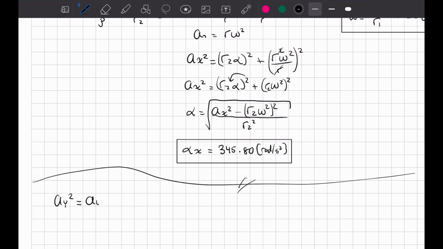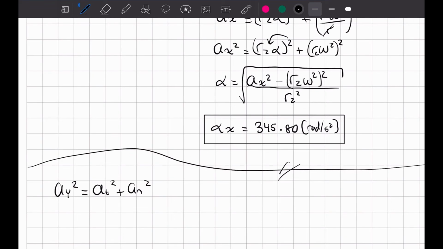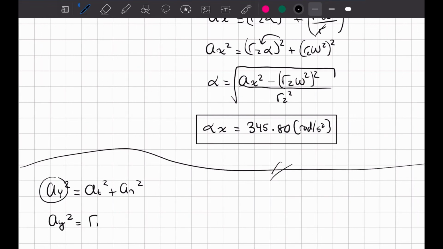we have the acceleration at point y squared is going to be equal to the tangential acceleration at point y squared plus an squared, just as we had before. Recall that we are looking to solve for ay, so we'll leave that alone. Ay squared is just going to be equal to r1 omega squared squared.